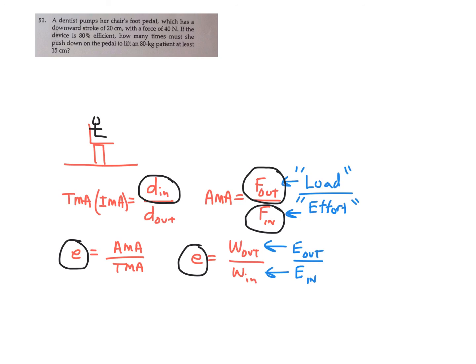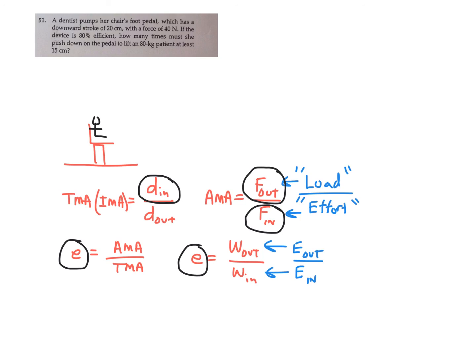So maybe you can see the progression now. Look at the 15 centimeters. Where's that go? Well, that's going to come into play later on. That's what might get confusing, because we're going to figure out in progression how high the chair goes with each individual pump, because it's not going to go 15 centimeters high with each pump.